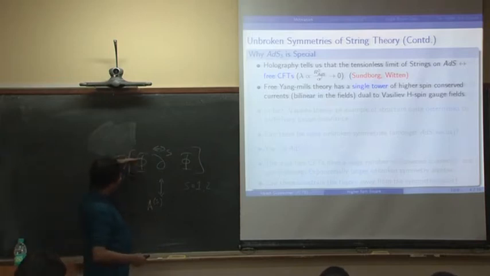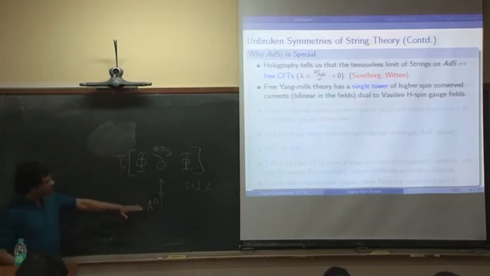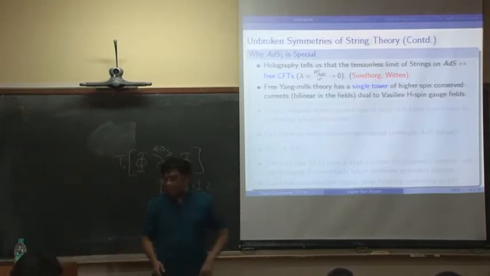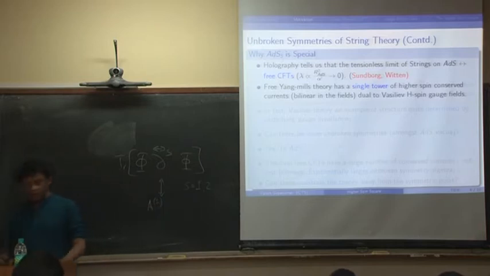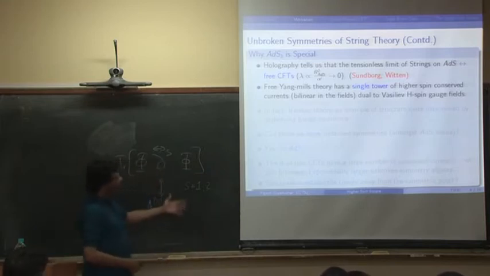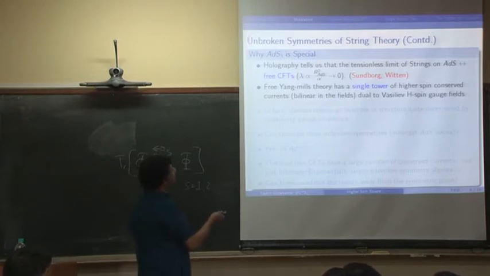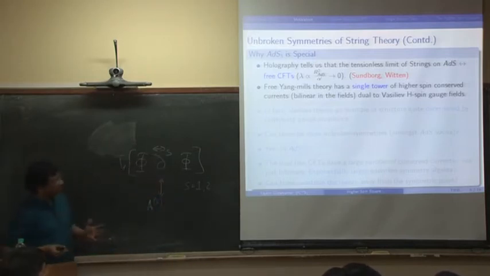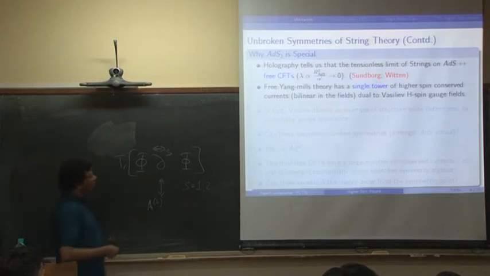So this is on the gauge theory side, and on the anti-de Sitter space-time there's indeed a theory of all these interacting gauge fields, which is the Vasiliev theory, as probably many of you have heard.